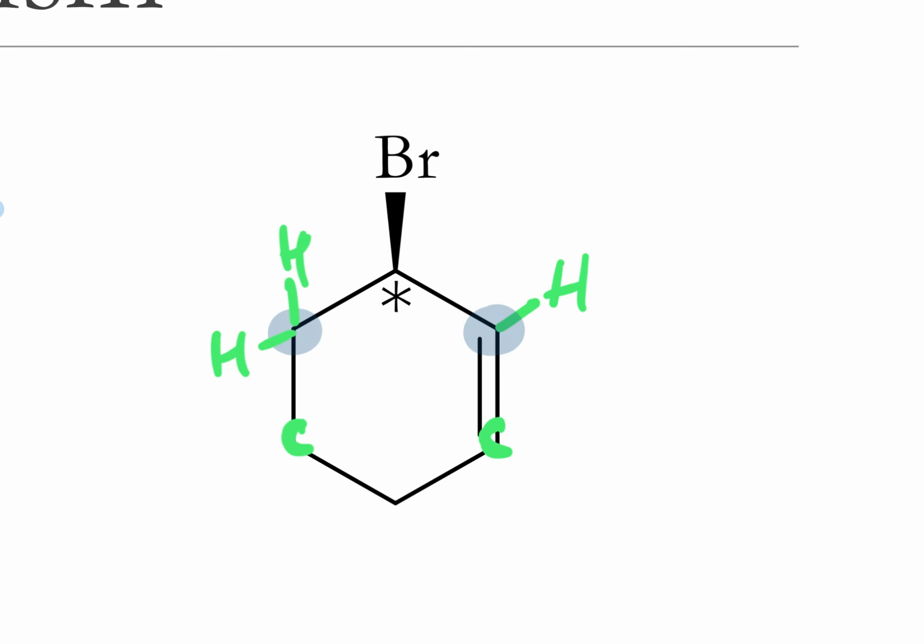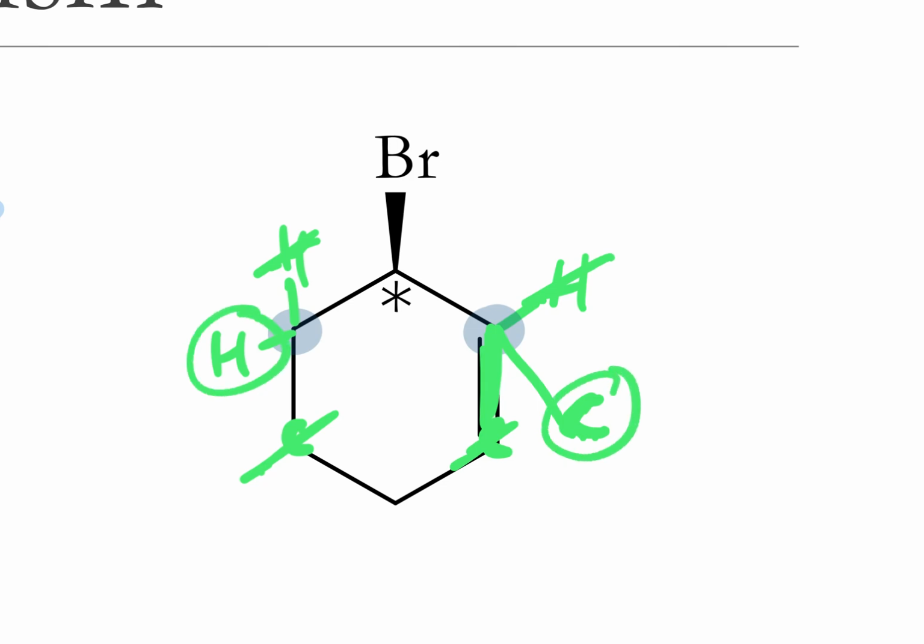In fact, what they do when there's double bonds is they treat that double bond as if it's going to two different carbons. You treat it like two singly bonded carbons there. And so you make this connection like, yeah, there's a carbon and there's a hydrogen on each, but we have a difference of a carbon and a hydrogen there. And so this atom here truly is a chiral center.